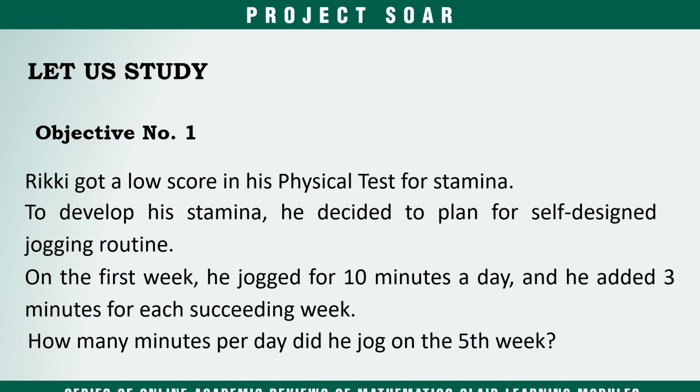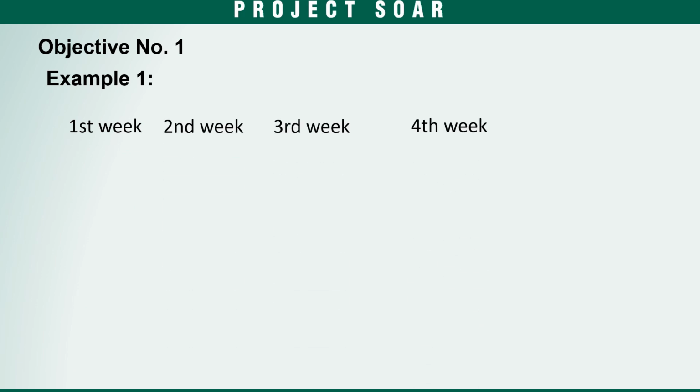Before we answer the question, we need to observe the number sequence that I'm going to present. Objective number 1. Example: week 1, week 2, week 3, week 4, and week 5. These are the weeks where Ricky jogged.